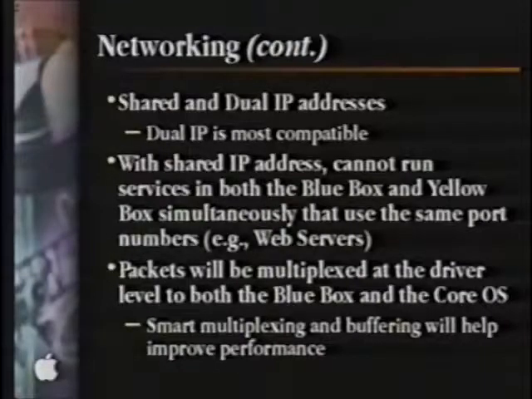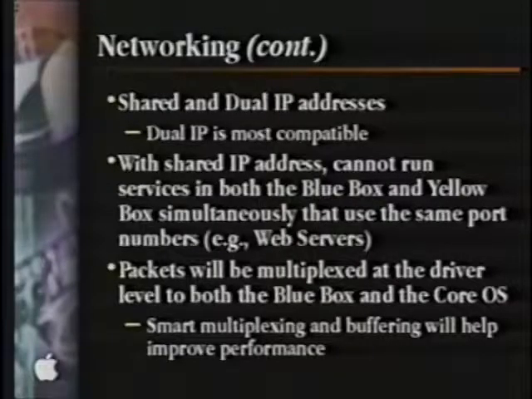Works great. So IP addresses are the most interesting issue here, because if you completely have two separate protocol stacks, one inside of Blue and one inside of the Core OS, that implies that you have two different IP addresses, which is probably less than desirable if you're a network administrator who has to parcel out these IP addresses.